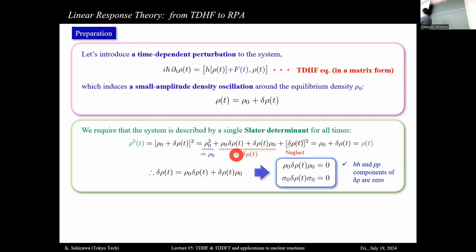From this, if you multiply rho 0 from the left and right of delta rho, since rho 0 squared is rho 0, the left-hand side becomes rho 0 delta rho rho 0, and the right-hand side becomes two times rho 0 delta rho rho 0.